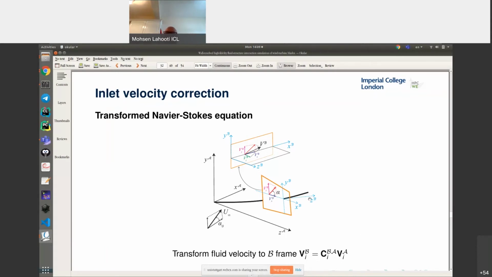We could reflect the effect of the twist of a structure by updating the inlet velocity at the domain. So as the structure changes like that, the angle of attack will change. But the other approach naturally supports the twist of the structure.